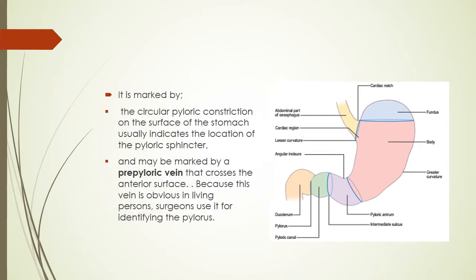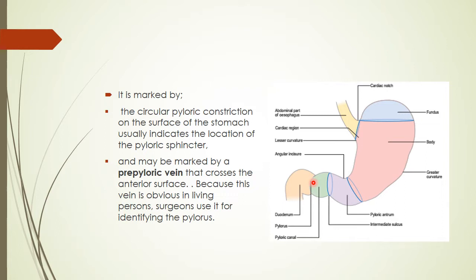The pyloric opening is marked by circular pyloric constriction, where pyloric orifice joins the duodenum.